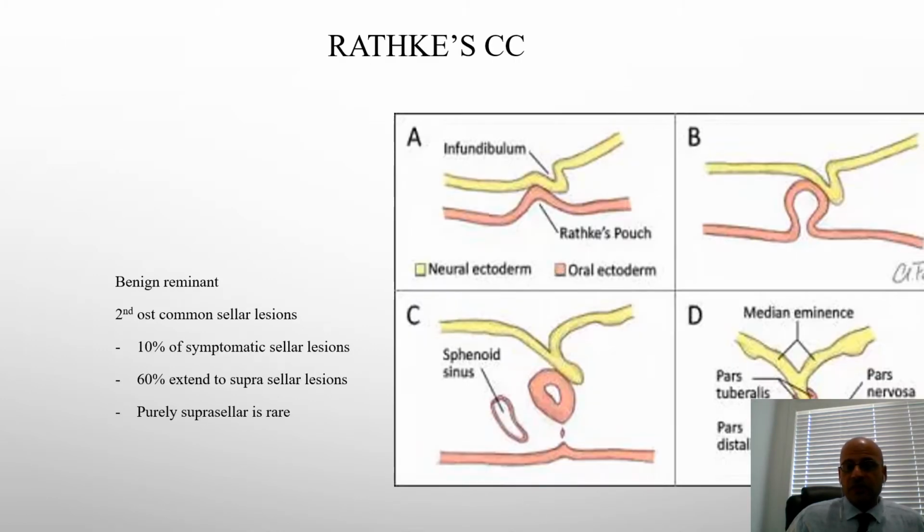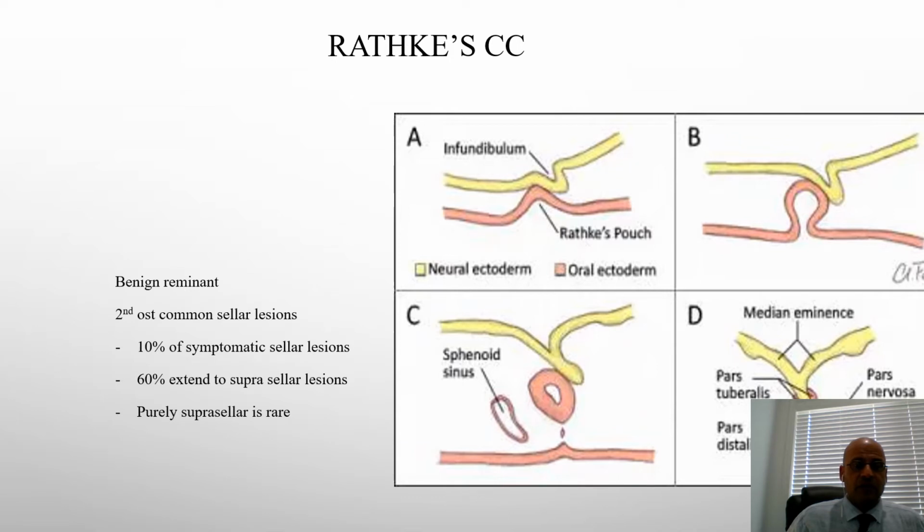So from this case, we'll move to discuss the Rathke's cyst, and it's a fairly common incidental finding, usually of the pituitary gland, and it represents about 1 in 10 of the symptomatic sellar lesions in some studies, and half of these cases tend to have a suprasellar extension.